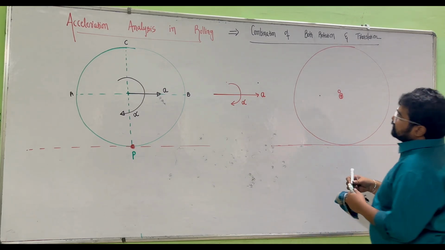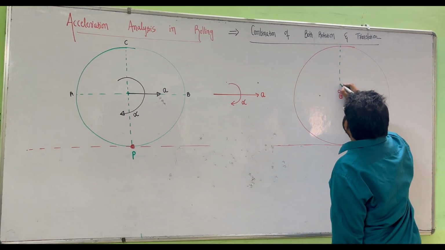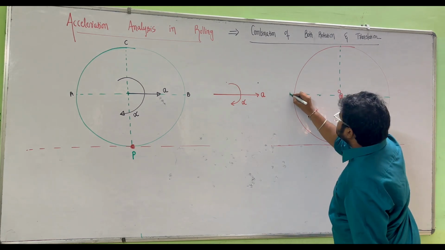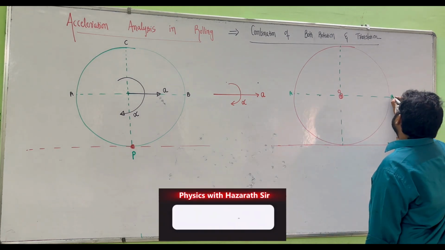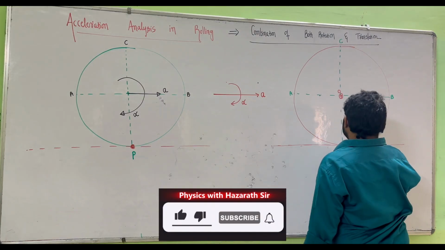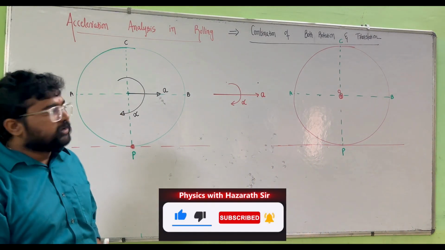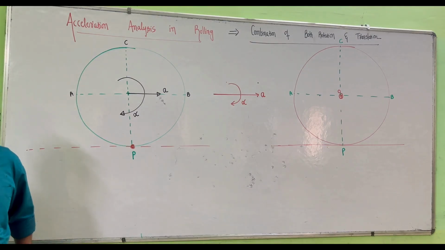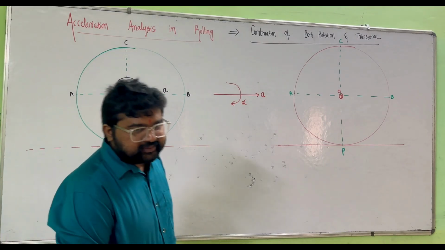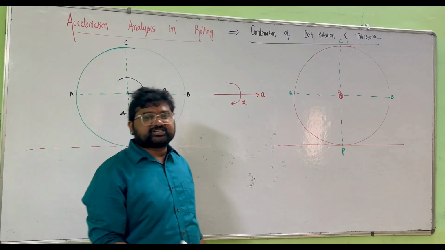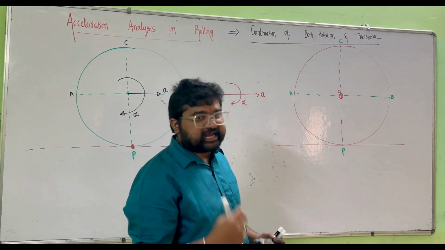This is A, this is B, this is C, this is point P. First, in pure translation, acceleration at any point on the solid disk is the same and it is in the direction of motion.